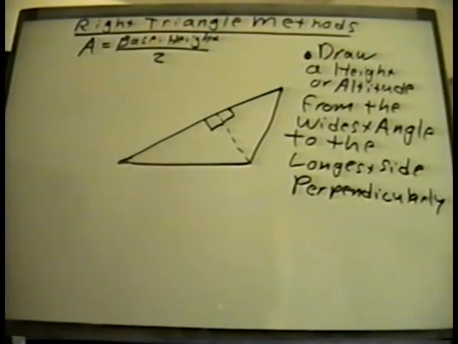Okay, so here we have two right triangles now.